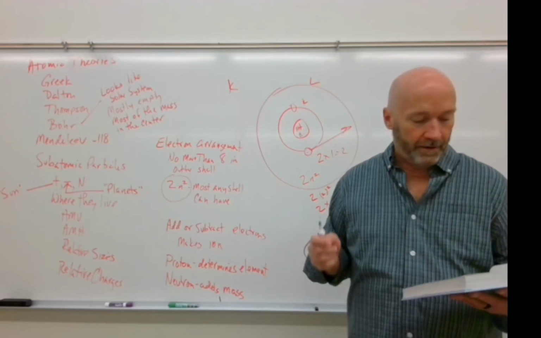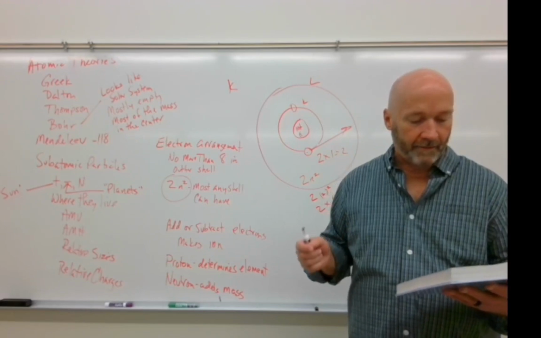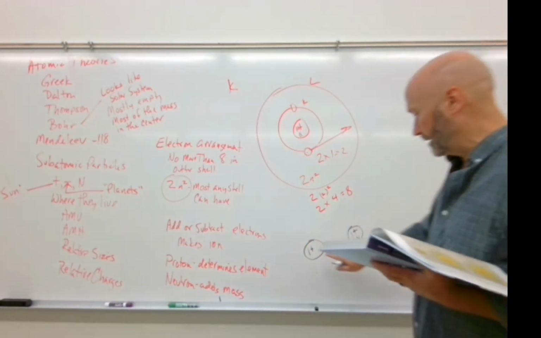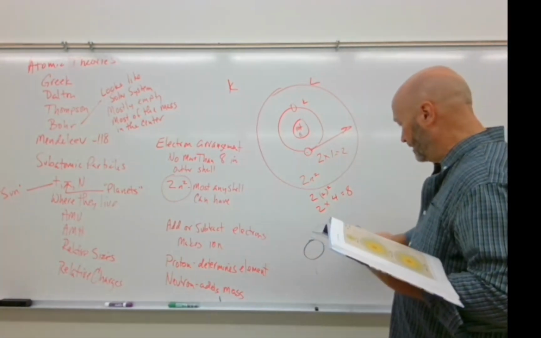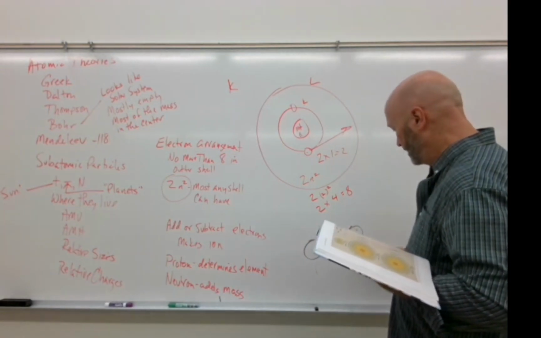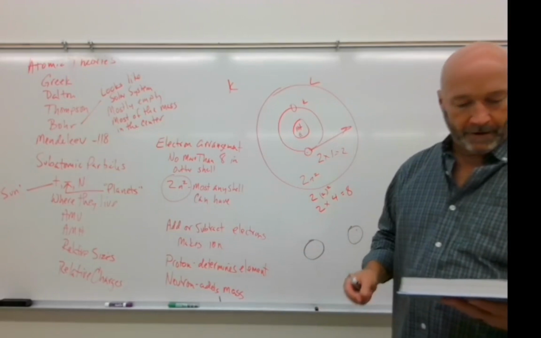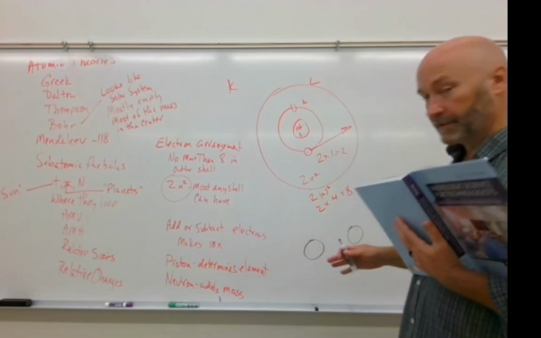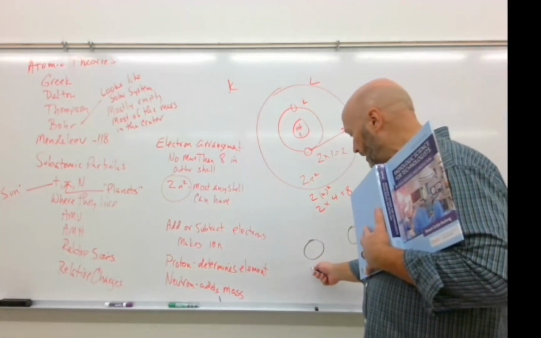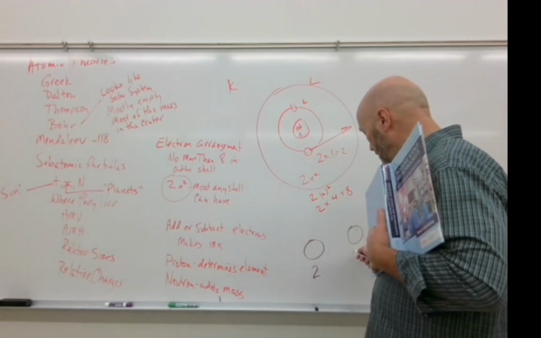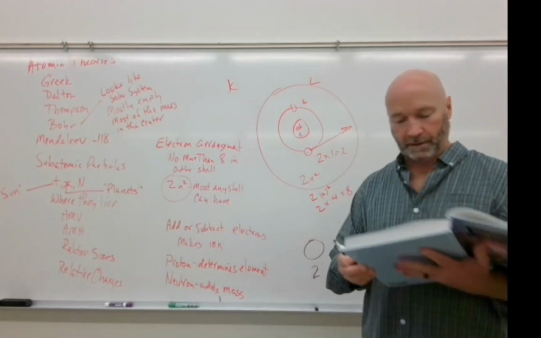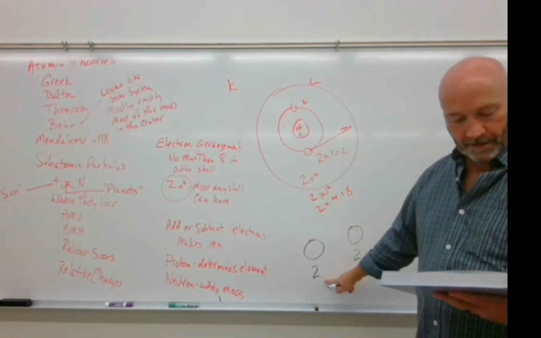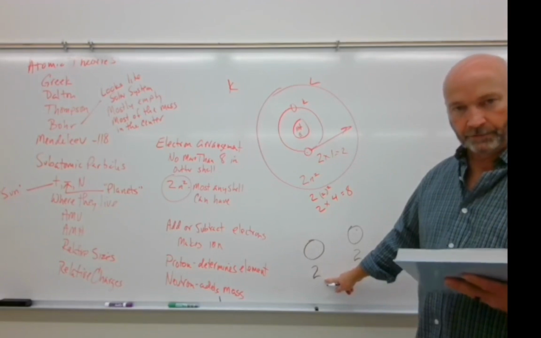Isobar: atomic nuclei that have the same atomic mass number, but different atomic numbers, are isobars. So now what we've got is atomic nuclei that have the same atomic mass number. Stop there. Atomic mass number, we've got 2, and we've got 2. But different atomic numbers.